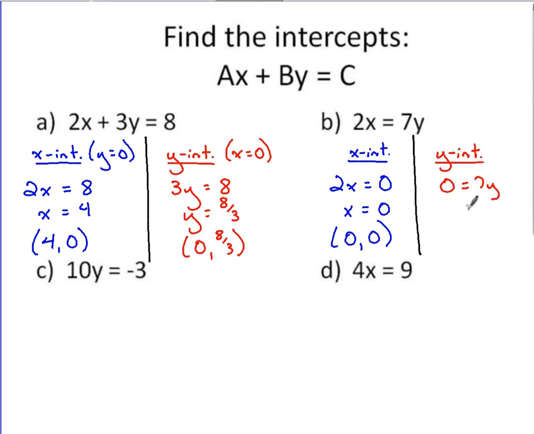If you solve for y, divide by 7 to both sides, y is 0. So x is 0, y is 0. How about that? It's the origin again. See, if you find the origin is the intercept for one, it has to be the intercept for the other, right? Our x-intercept and y-intercept are both right there at the origin on this one.